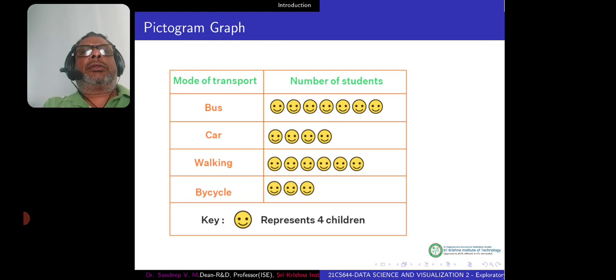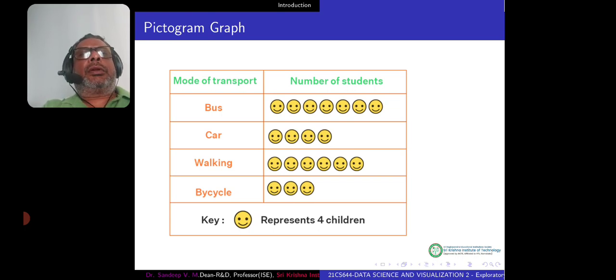The other way you can talk about is pictogram graphs. Here emoji-like things can be used. Whatever we are trying to represent is the mode of transportation, the various types of transportation used by the students to reach the school.